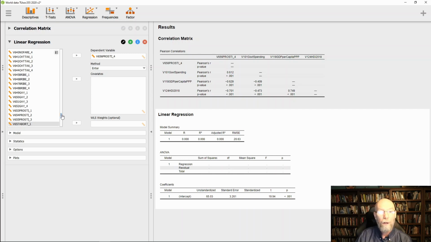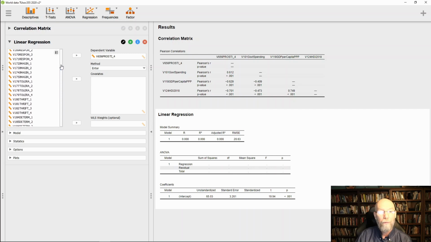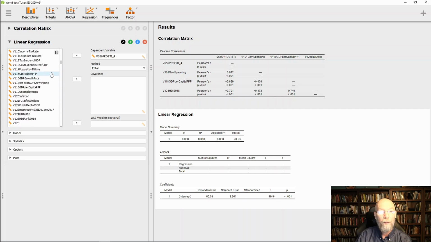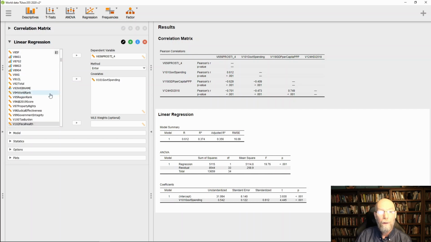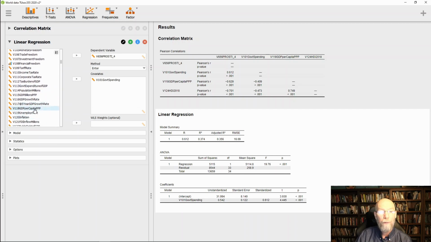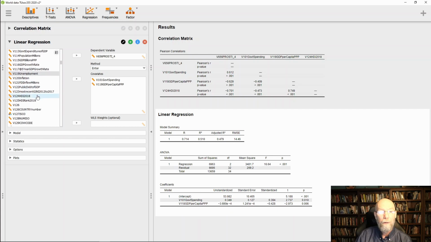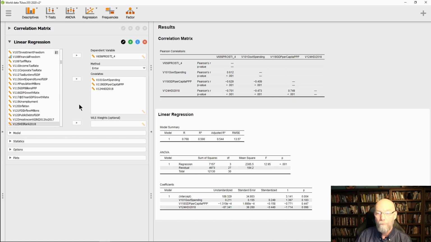And then we're going to put in our independent variables, starting with 101, government spending, then 118 for the GDP per capita, and then the HDI value.